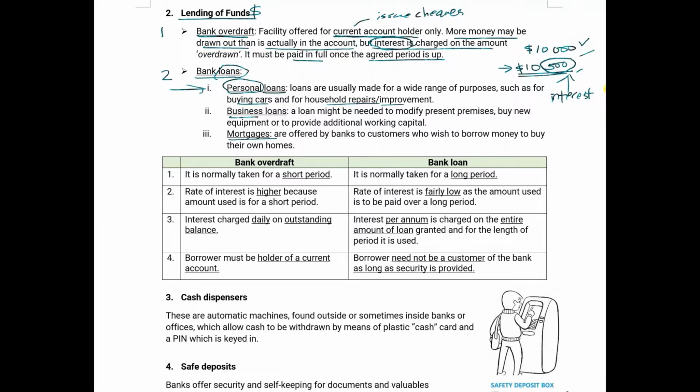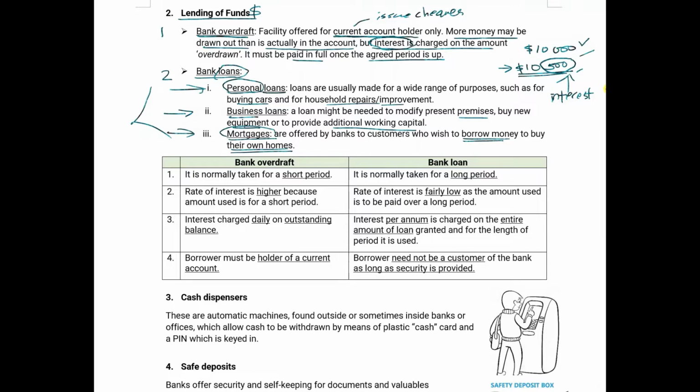For example, a business wants to buy new buildings or new equipment, or needs additional capital for business purposes, then they will take up the business loan. And last one, mortgages are offered by the bank to customers who wish to borrow money to buy their house. So these are the three types of loan available for the customer.